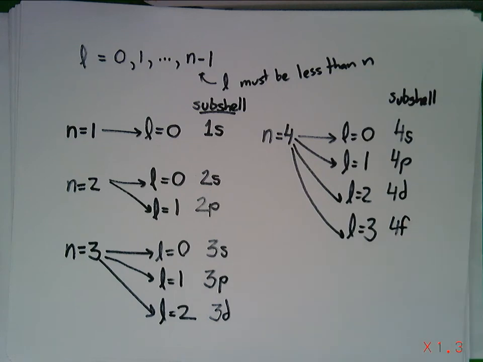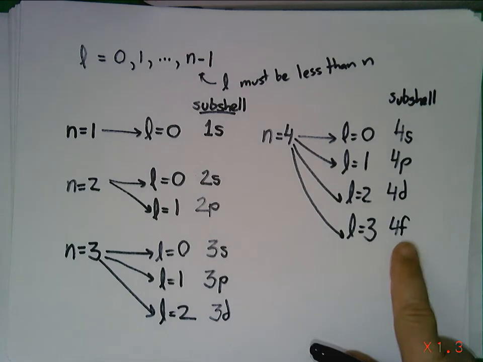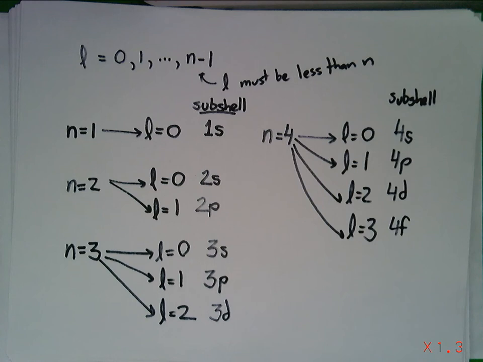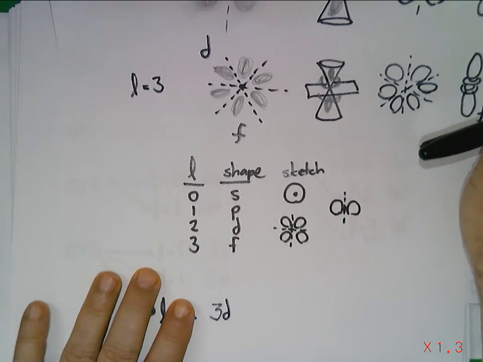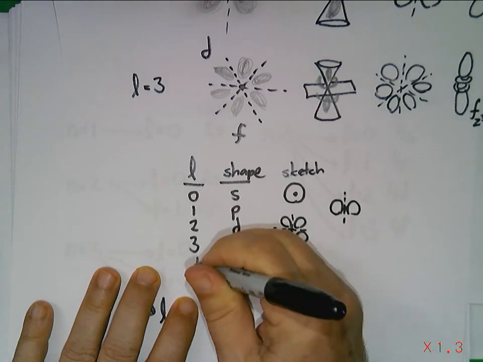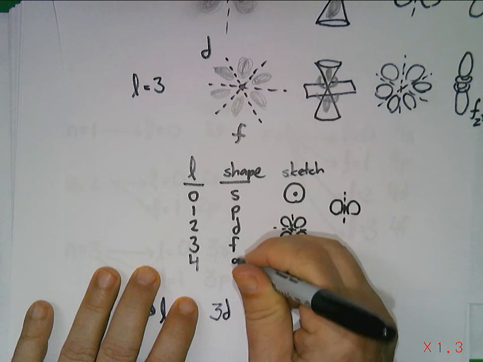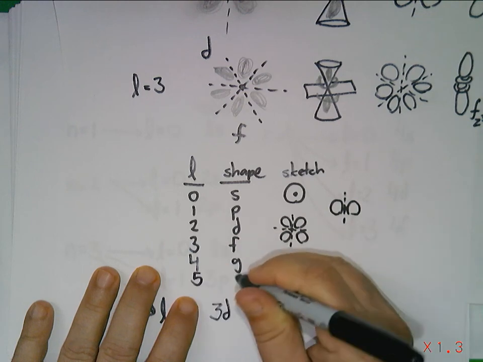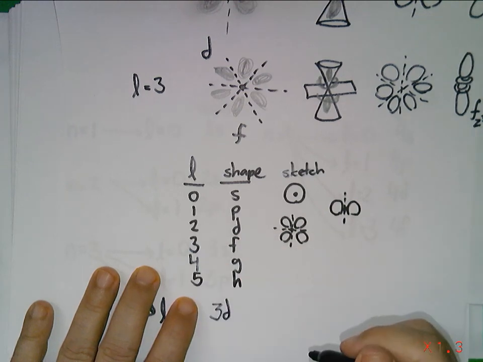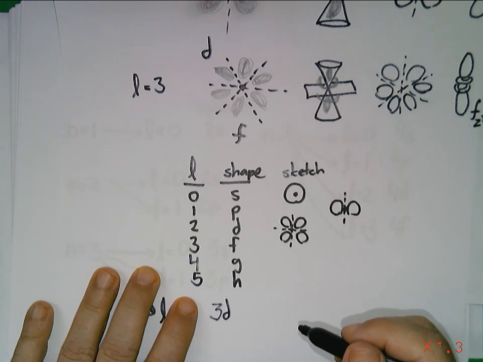But what happens when we go up above 4 with these letter designations? Well, if you had an L value that was higher than 3, what would you call it? They start to go in alphabetical order after that. So after f, they'll go g, and then 5 would be an h. So you can name orbitals in those higher shells.